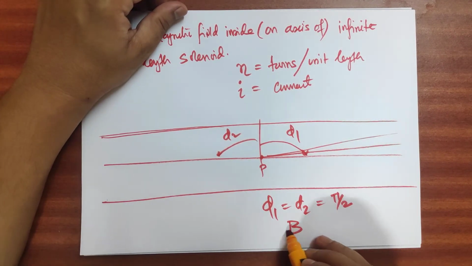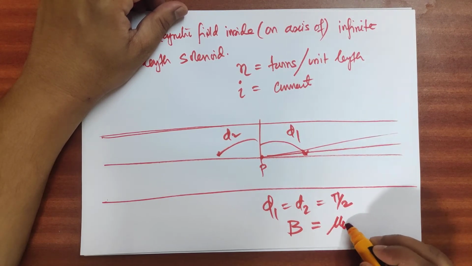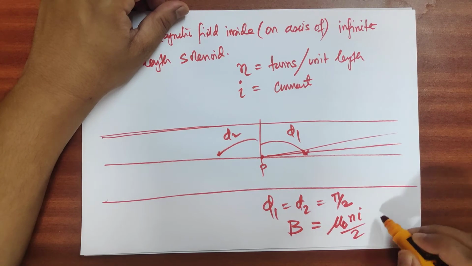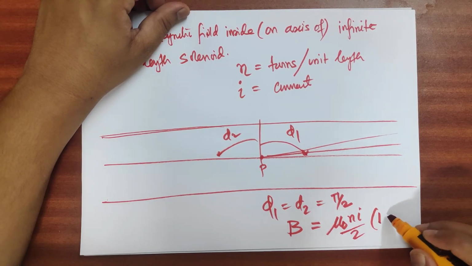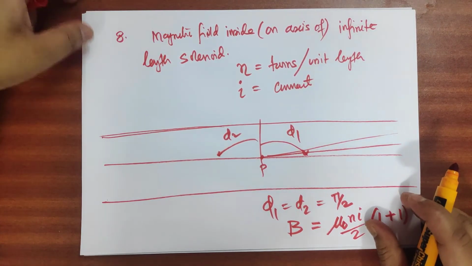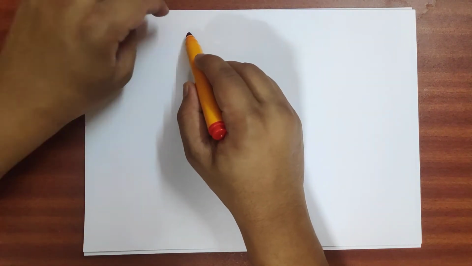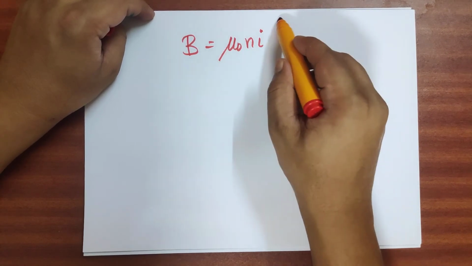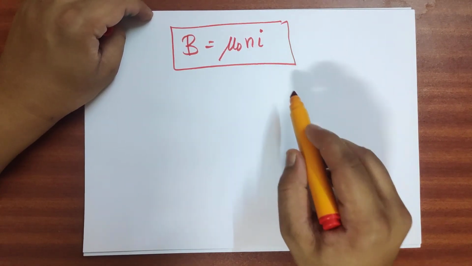So the field equals mu 0 ni by 2 (1 plus 1), 1 for sin phi 1, 1 for sin phi 2. So that's B equal to mu 0 ni. This is at the middle.